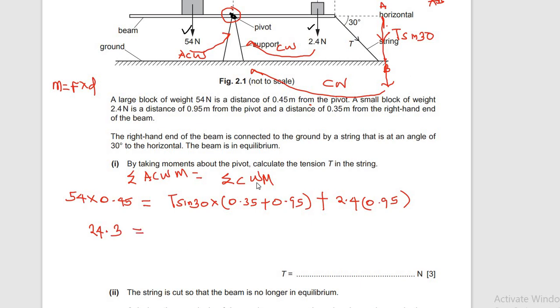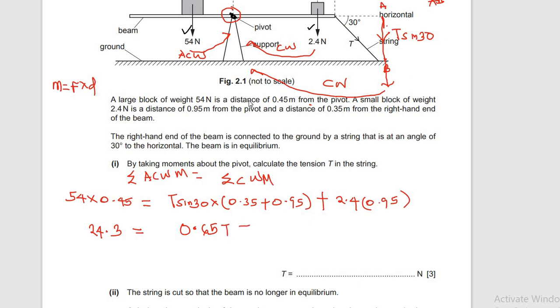So T sine 30 times what is in the bracket, with sine 30 being 0.5, gives us 0.65 T, plus 2.4 times 0.95, which gives us 2.28.